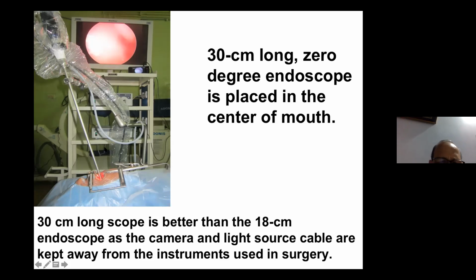A 30 centimeter long scope is better because if you keep only 18 centimeter, then the arm of your holder and the camera will come in your way. So the long telescope is important rather than an 18 centimeter endoscope.